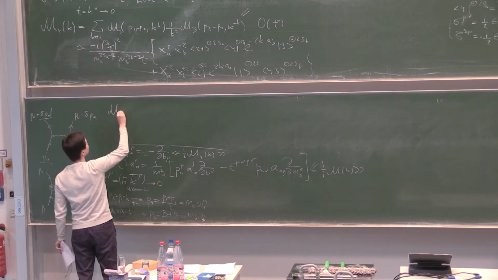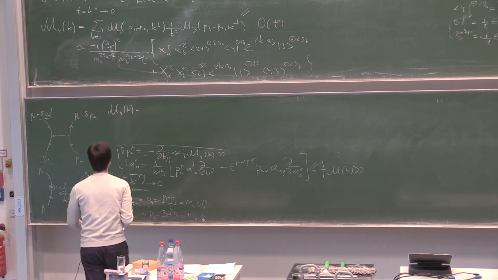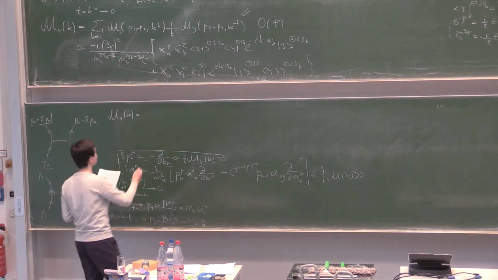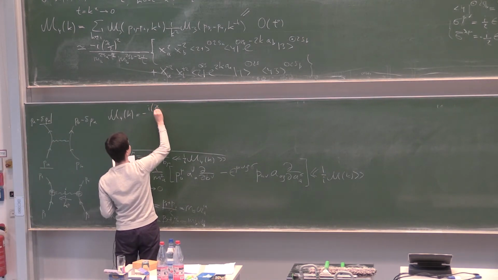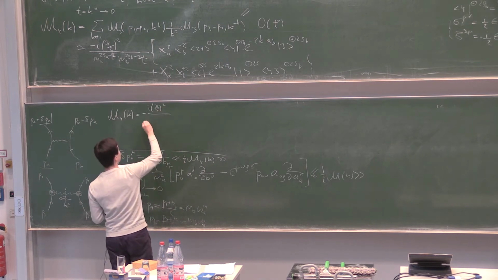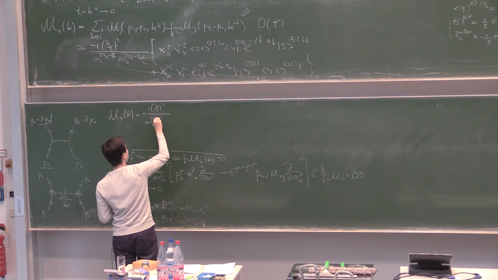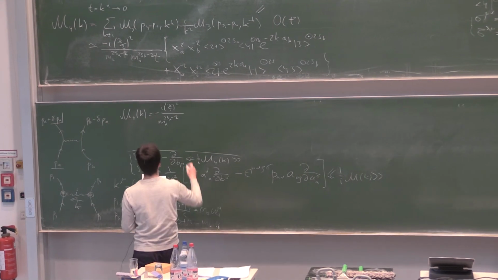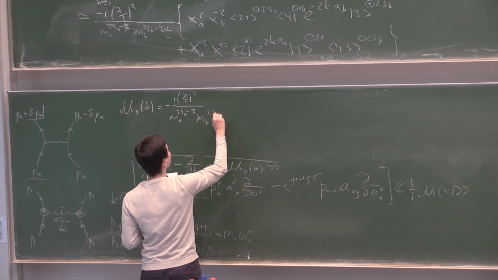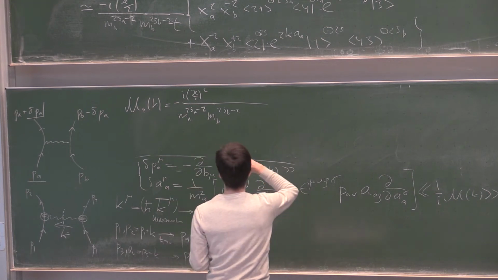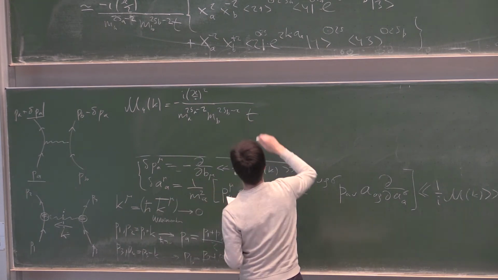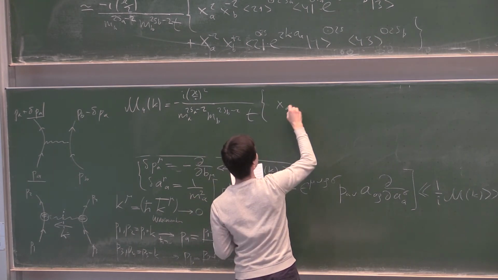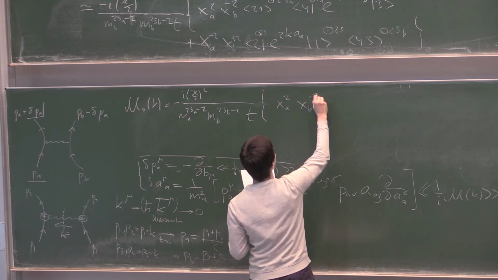So the whole value of M4 is equal to minus i kappa over 2 squared and masses, and the transfer momentum squared t. Still the helicity factors, I haven't done anything with them yet.